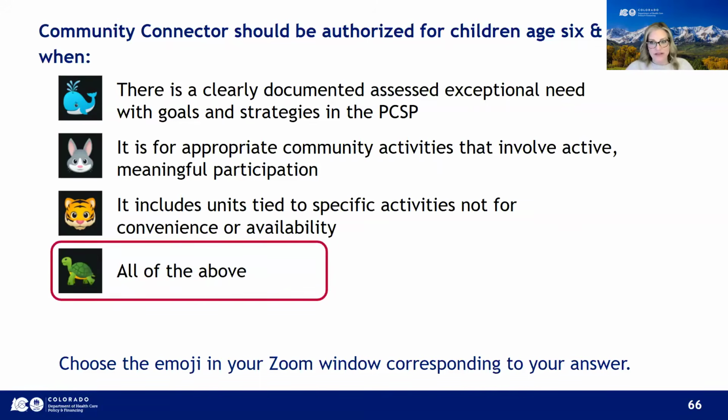It's so important for this service to make sure that we have an assessed exceptional need, that it's clearly documented in goals, it's appropriate community activities that are meaningful, and that the units being authorized and requested are reasonable and tied to specific activities.